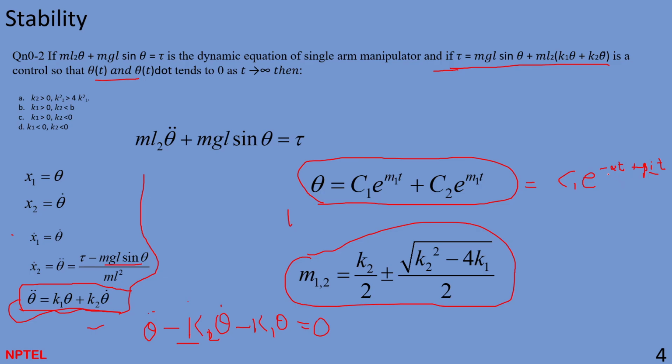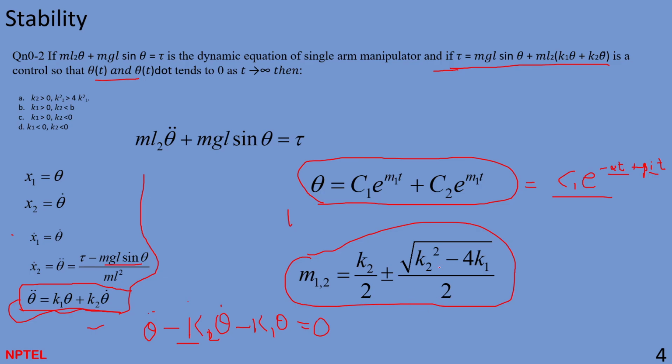If you say something like this, with a minus term there, and you put t equal to infinity, then automatically it will go to 0, right? So how to say what condition it should satisfy?